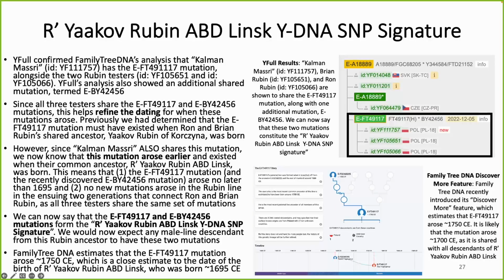Okay, so the other important point is that this helps refine the dating for when these mutations arose. FT49117 and then this new one that was found, BY42456. So previously we had said FT49117, that mutation existed when Yaakov Rubin, who was not a rabbi, whose father was a rabbi, was born.